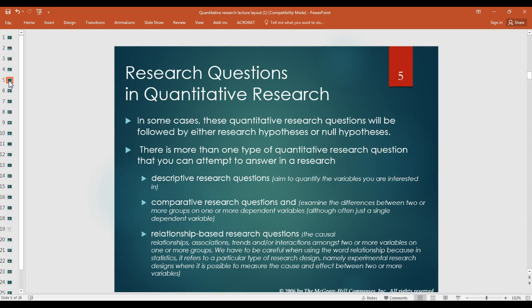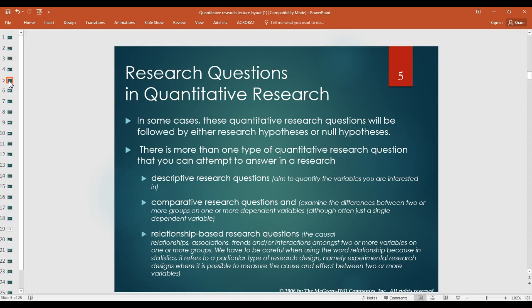Research questions in quantitative research are always followed by hypotheses, and they really have specific types of design.